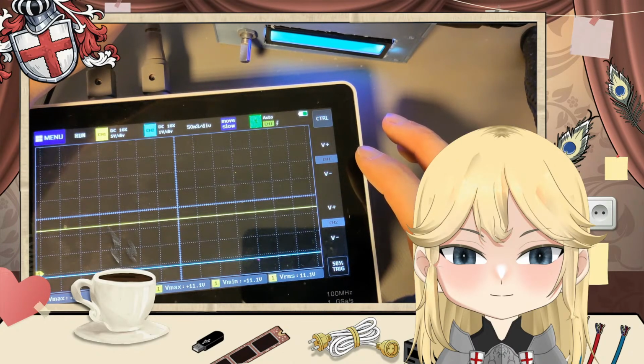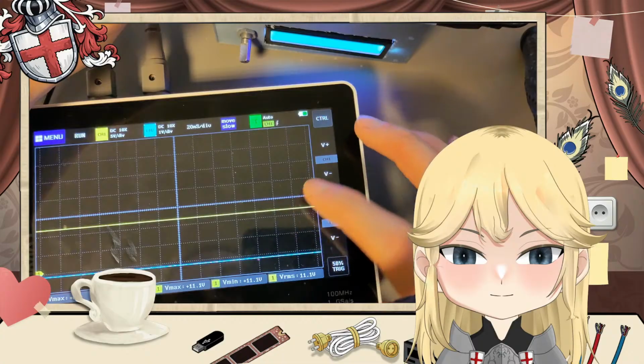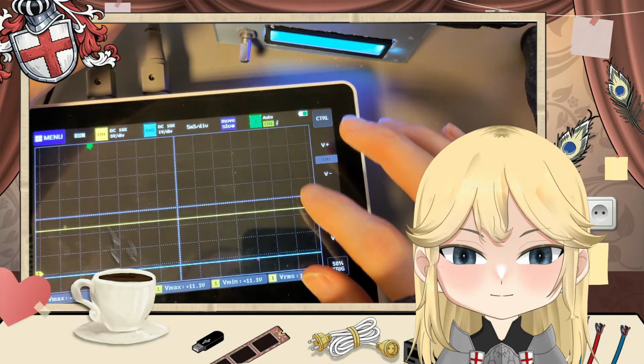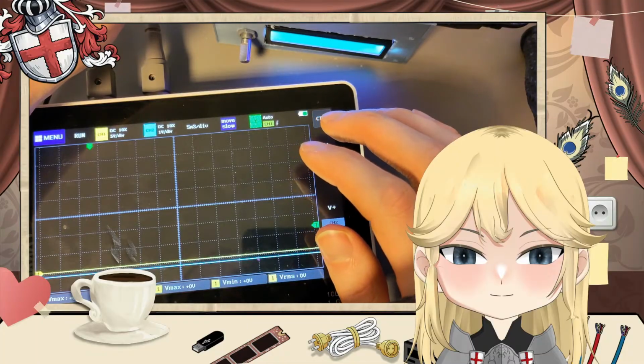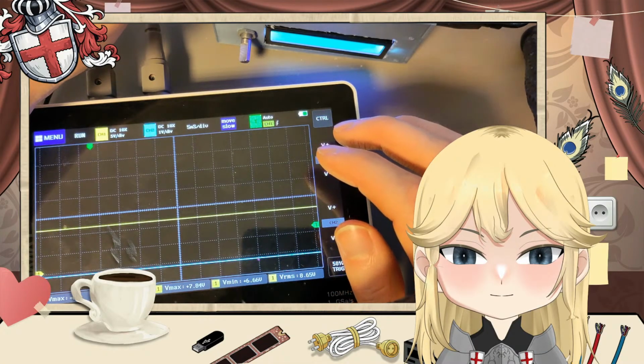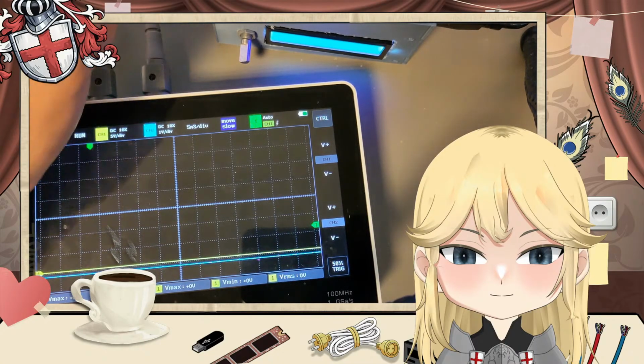This is constantly at 12 volts. I don't think that's good. Why is it at 12 volts? Can we maybe not handle the frequency?